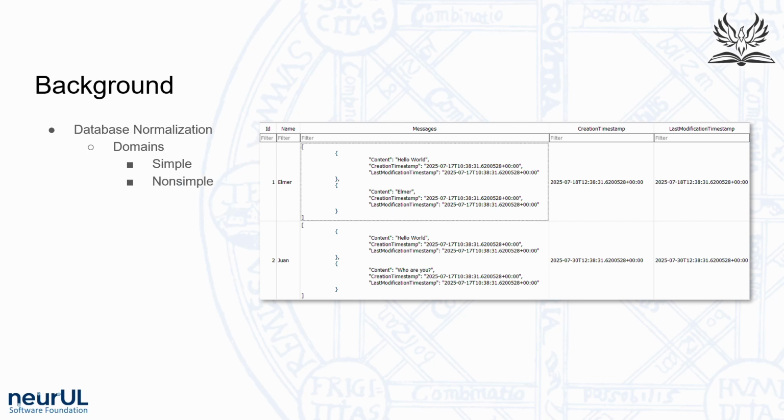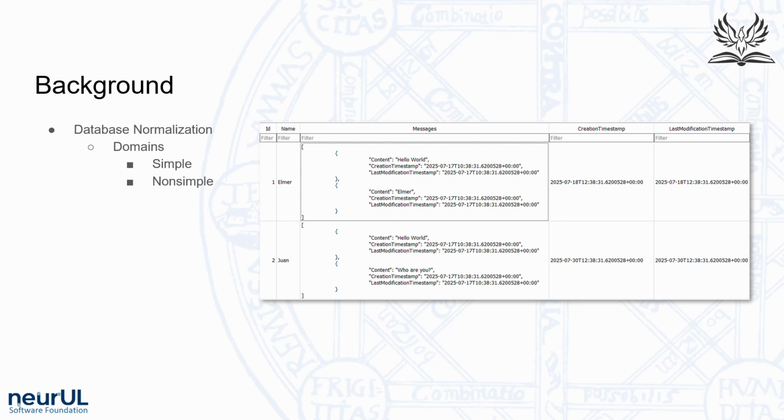Introduced in 1970, database normalization is defined as the process of organizing a database, including creating tables and establishing relationships between them, to make a database more flexible by eliminating redundancy and inconsistent dependencies, and ultimately enhance data integrity. It consists of multiple stages, also known as normal forms, which start by eliminating non-simple domains from all relations.